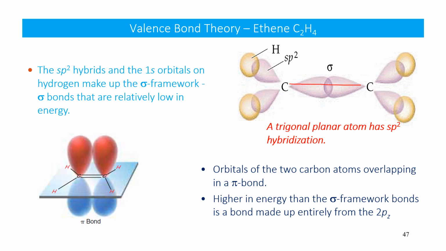This is the sigma overlap, and there's also overlap of sp2 hybrids with hydrogen, also sigma overlaps. The remaining p orbitals overlap in a plane, and this is called a pi overlap. We've seen this before. The pi overlap, hence, gives us a double bond.